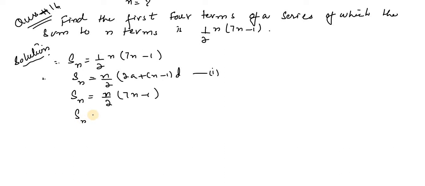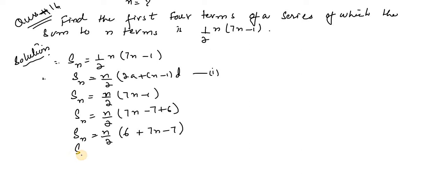We can write this as 7n minus 7 plus 6, which after subtraction gives minus 1 again. So it becomes n upon 2 times (6 plus 7n minus 7), that is, n upon 2 times (6 plus 7 (n minus 1)), taking 7 as common.